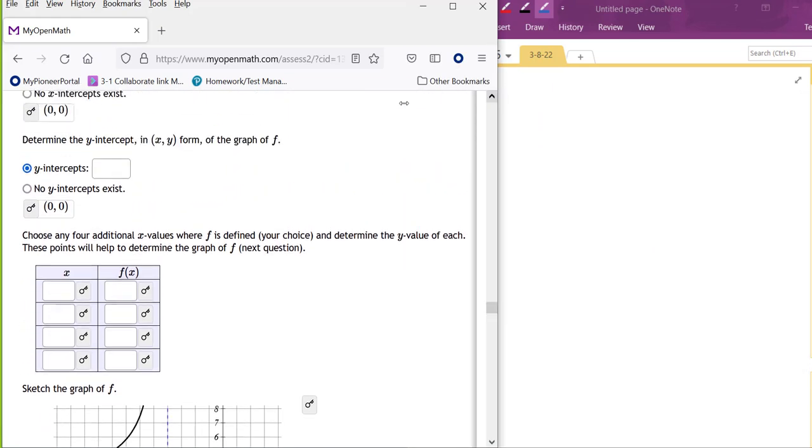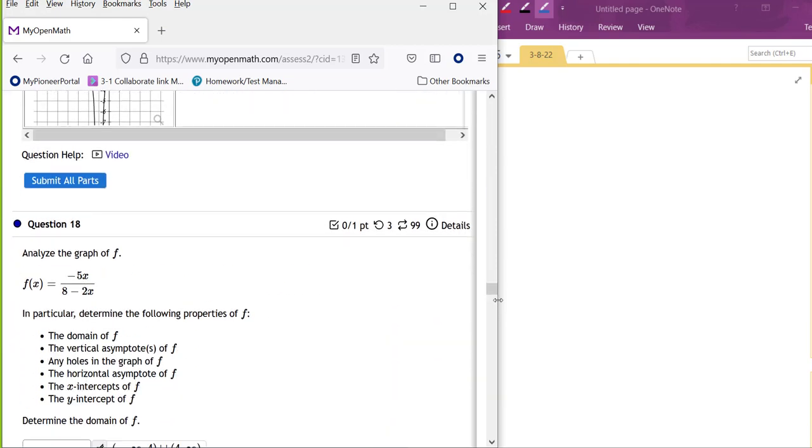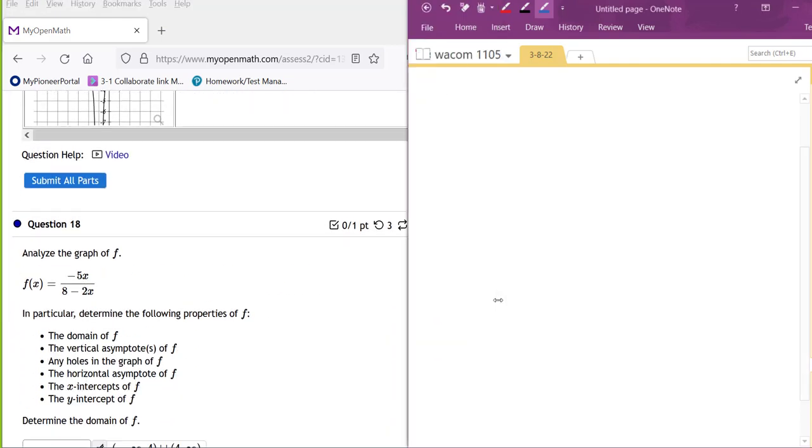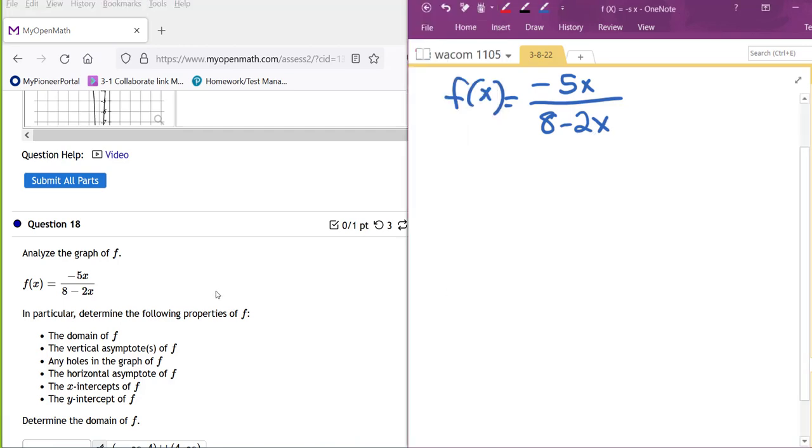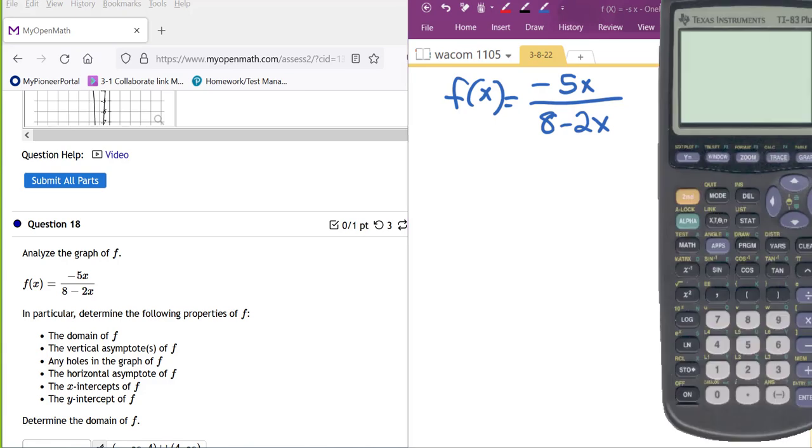But we're not going to draw it ourselves by hand. They want us to have 4 points. And so we are going to go strictly with the calculator for these. They don't want you to use the ones you already have used, the intercepts. They don't want you to use those.